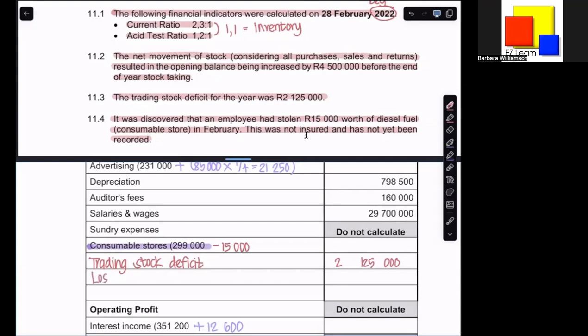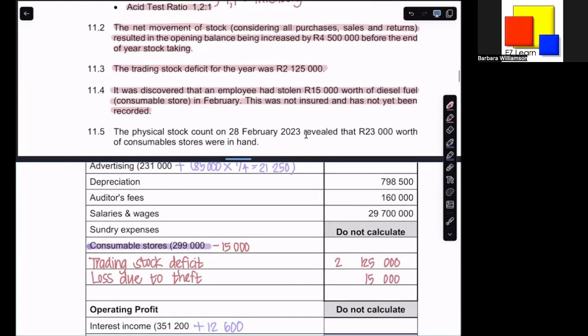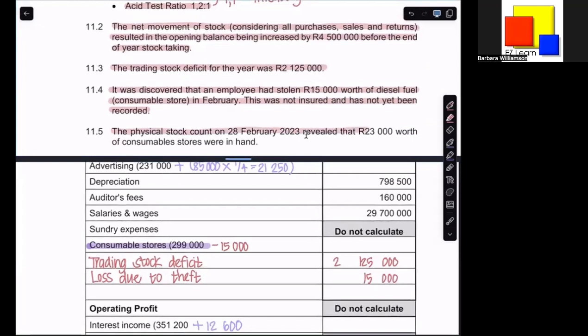We'll want to add a new expense for loss due to theft. The exact wording doesn't really matter as long as you make sure that you write something relating to a stock loss. At the same time, we can go and look at the physical stock count on the 28th of February.